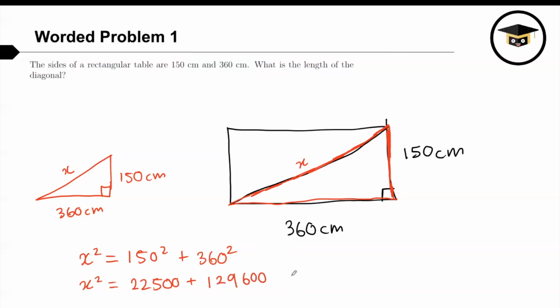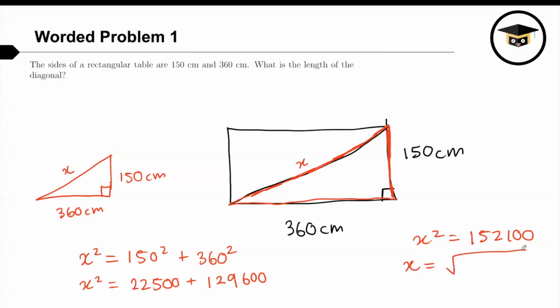Now, if we just go further, we can say that X squared is equal to, so just adding those two numbers together, 22,500 plus 129,600, that is going to give us an answer of 152,100. And then we just square root like usual.